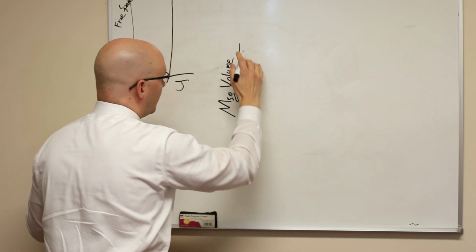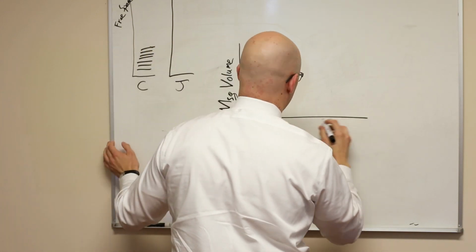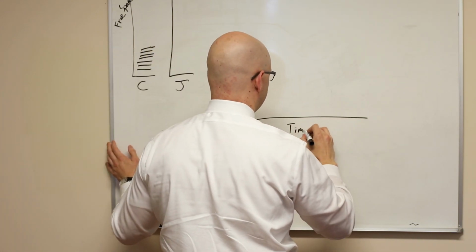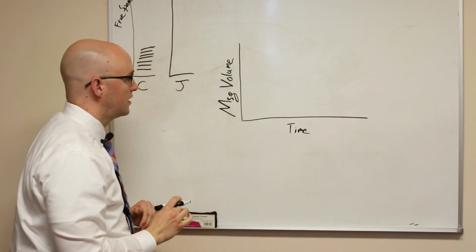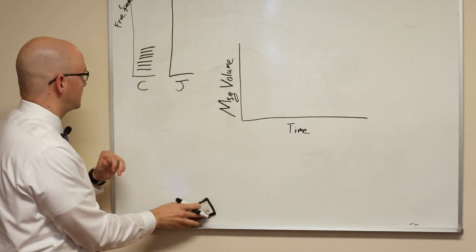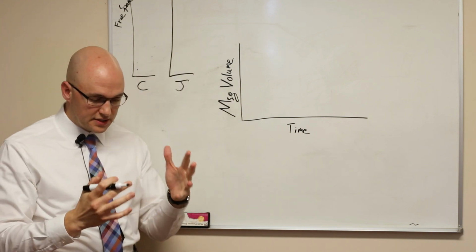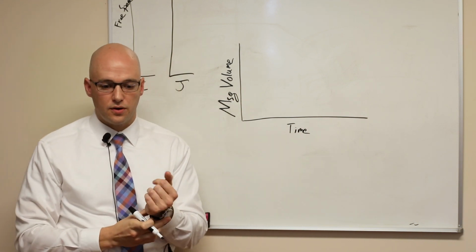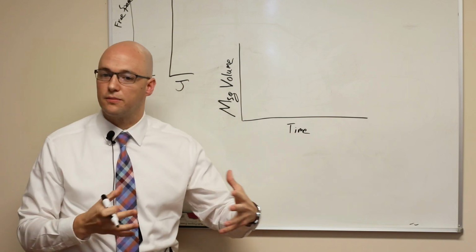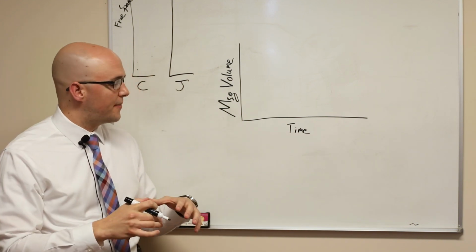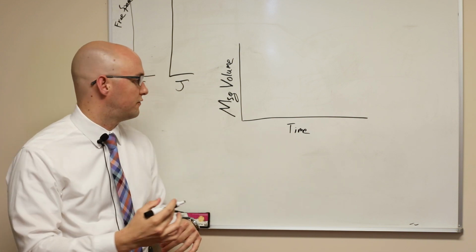Here we have message volume, and then over here we'll have time. Let's just add some complexity to this story. Maybe you've deployed some interfaces in Health Connect, and you could be using a production for another reason as well, but you have roughly the same amount of traffic every day.